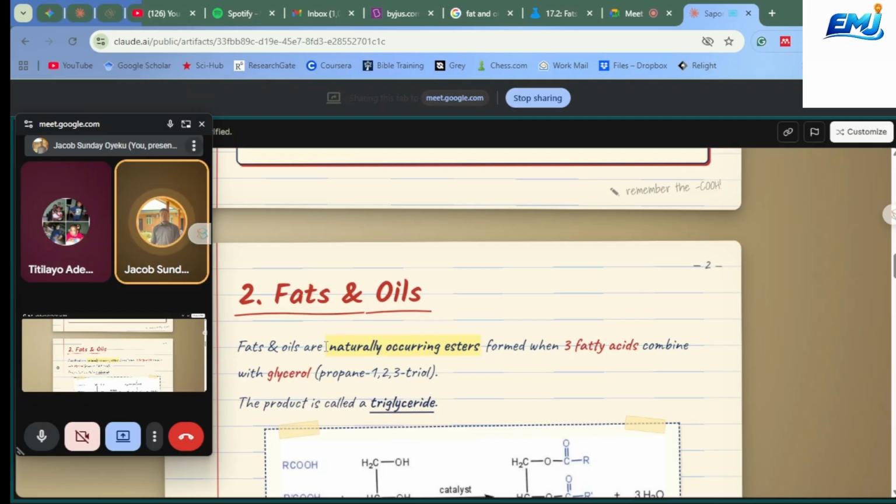So instead of one carboxylic acid, you have 3 of them that are joined together. Then they are reacting with an alcohol which is called glycerol.